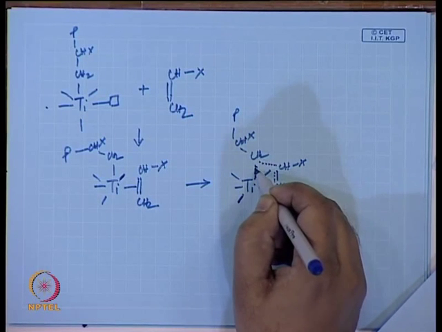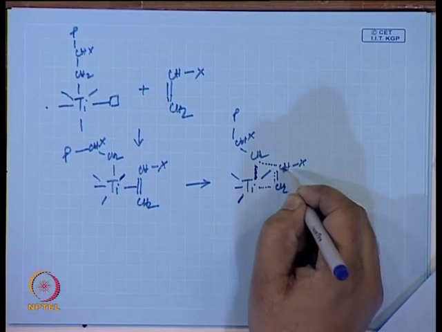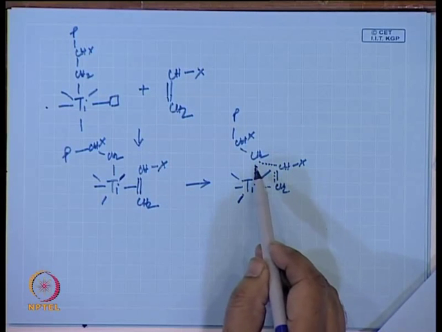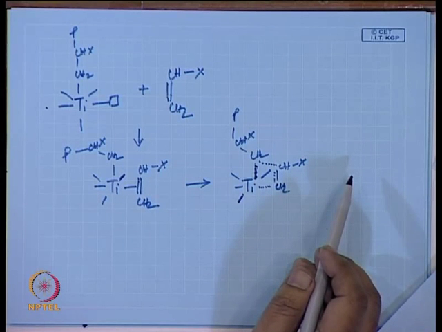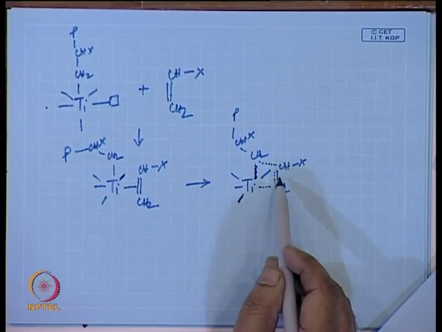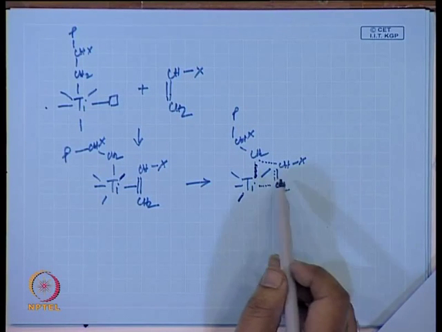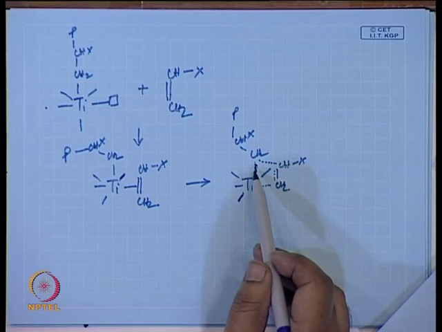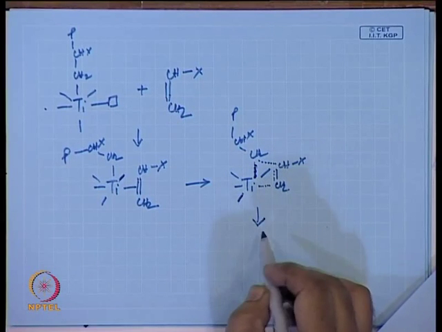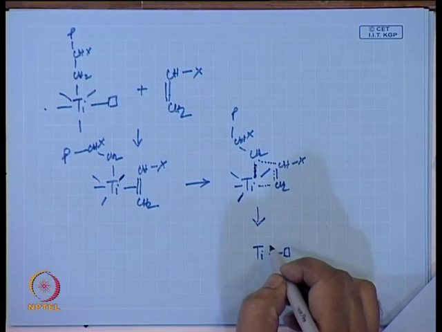So, it forms a 4 membered cyclic transition state, and then this new monomer gets inserted in the titanium carbon bond. In the earlier bimetallic mechanism we proposed, the new monomer gets inserted in the aluminum carbon bond. In this case, the new monomer is getting inserted in the titanium alkyl bond and regenerating the vacant d orbital.